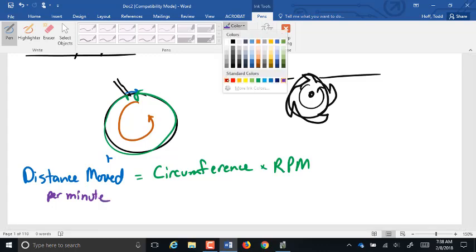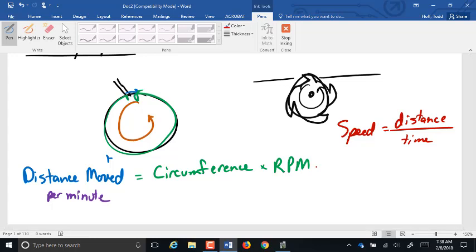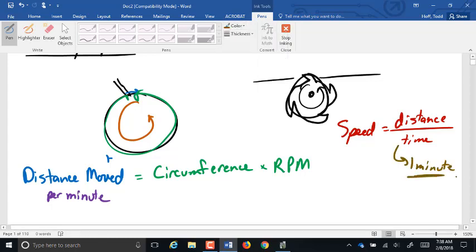Speed is just distance divided by the time it takes to move that distance. So since RPM is revolutions per minute, our unit of time we're going to be looking at is going to be minutes. 1 minute. So we want to look at what's the distance this moves in minutes.